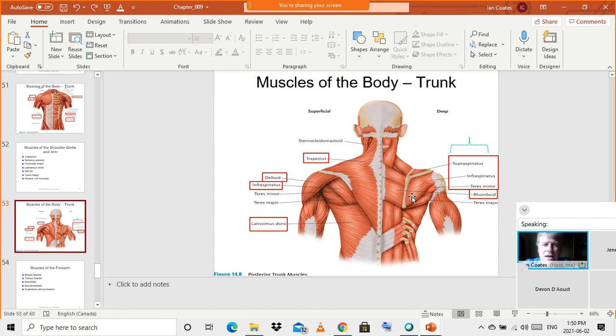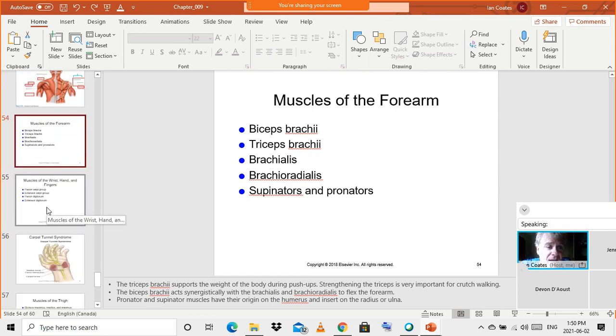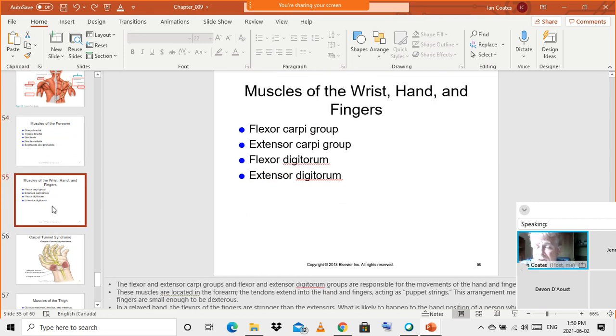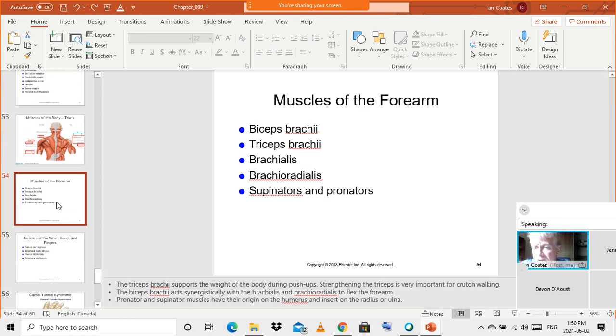So you guys can have a look at these ones here. Muscles of the forearm: there's your biceps brachii, triceps brachii, brachialis. Have a look at these in your textbook. I won't ask you anything that hasn't been highlighted or mentioned on here in some capacity. I'm not looking to take you guys down. You guys know me, all right?